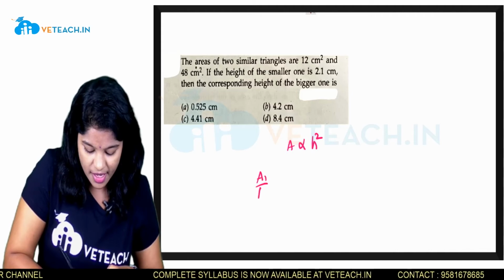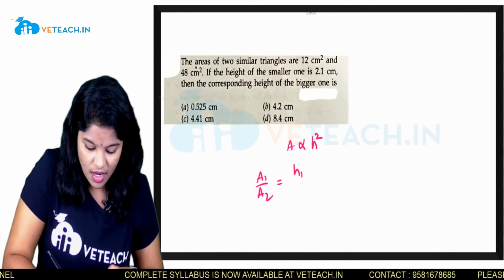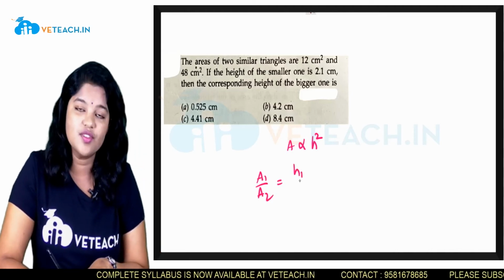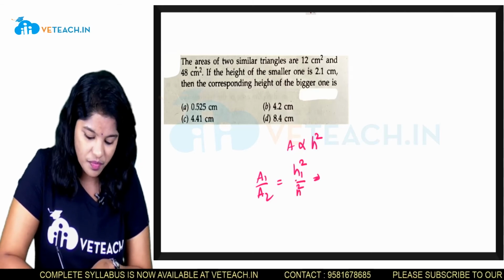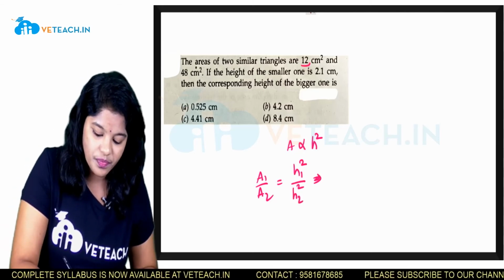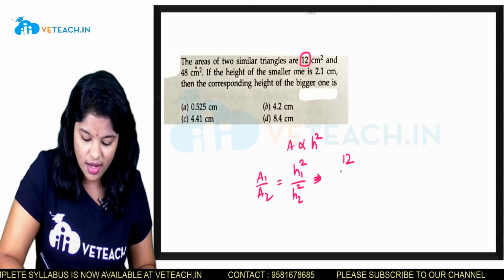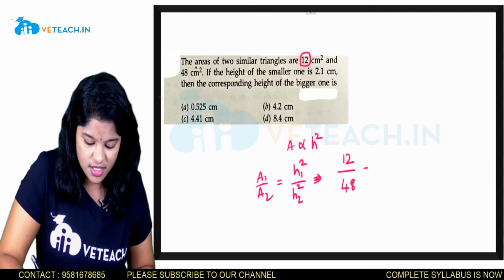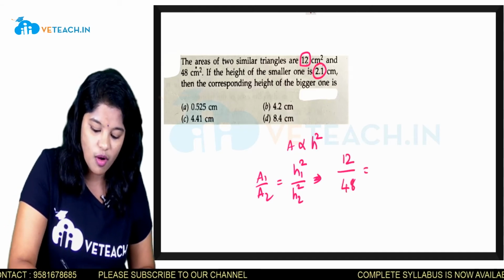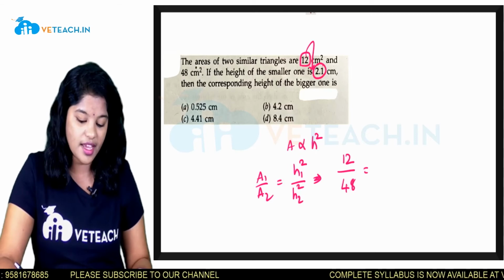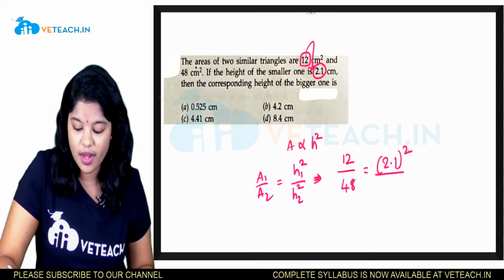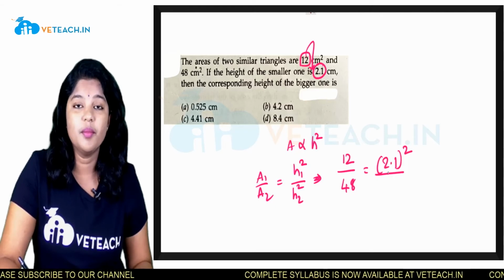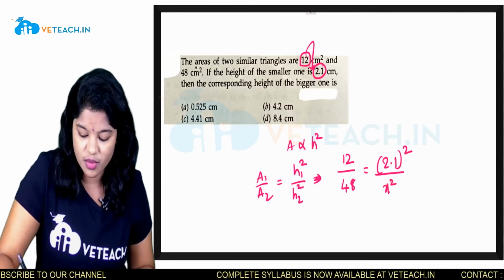So A1 by A2 will be equal to, altitude is represented as h, that is nothing but height, h1 square by h2 square. So the first triangle's area is 12 divided by 48 is equal to the height of the smaller triangle, that is regarding the triangle which has area 12 cm square, 2.1 whole square divided by the height of the bigger triangle, that is unknown, so x square.